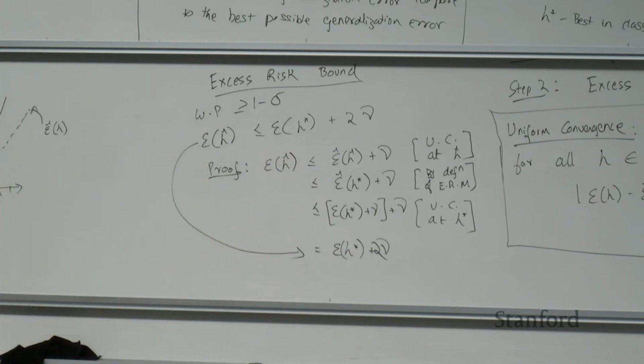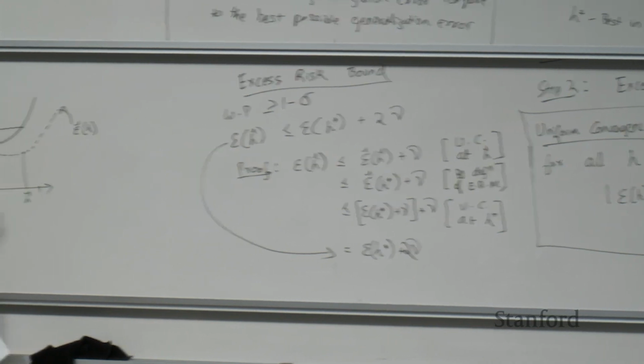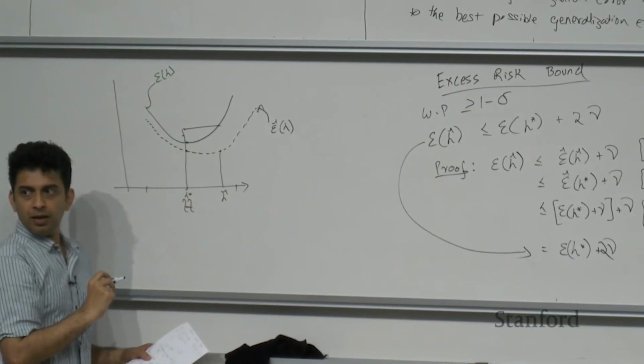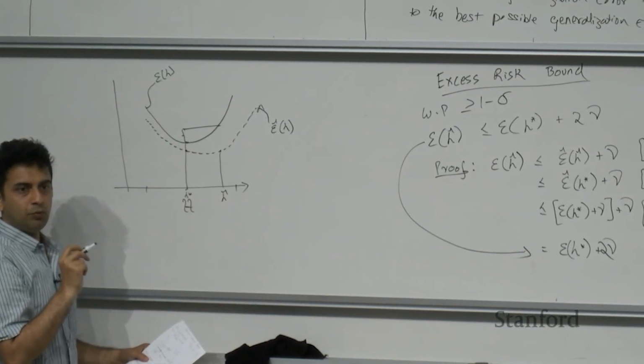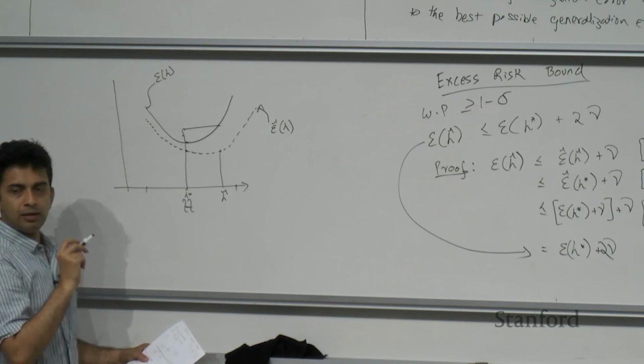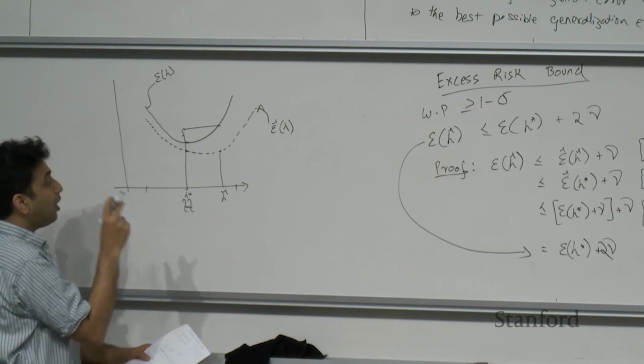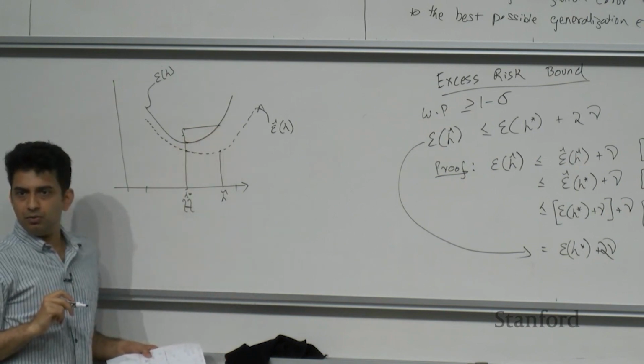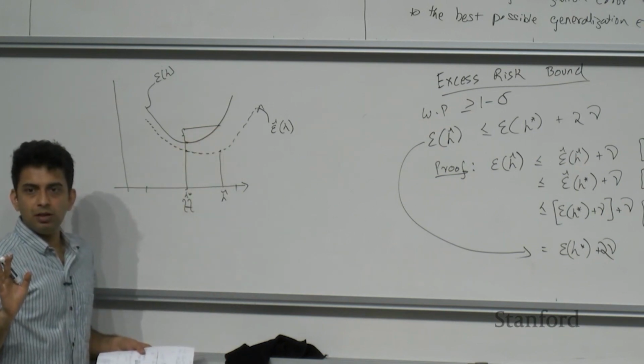So what happened here? We had a tool called uniform convergence that gives us a gap between the dotted line and the thick line at any hypothesis h. And using that tool, we wanted to obtain a bound between 2 points on the thick line itself, which in general is not possible.